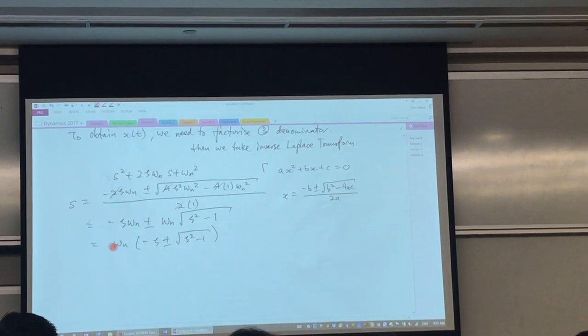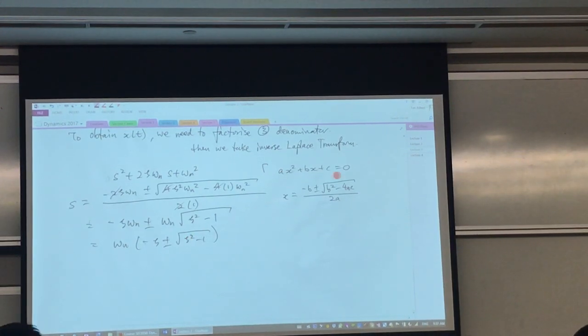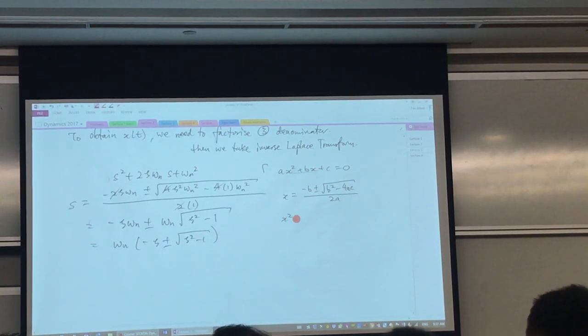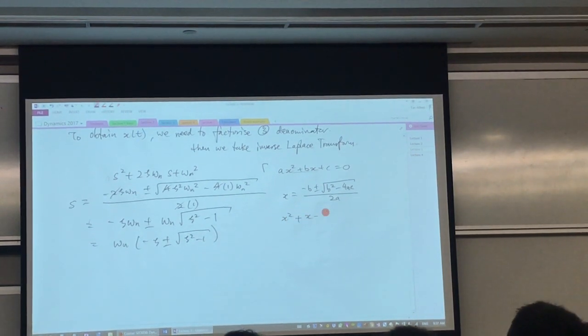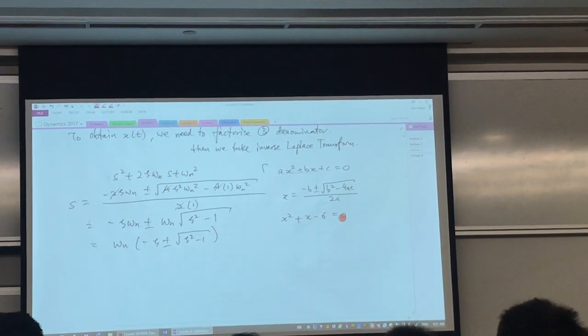If you have a root that's in this way, when we put them together, it's going to be a little bit different. So what I mean is, let's say for example, I'll give some numbers: x squared plus x minus 6 equals 0.